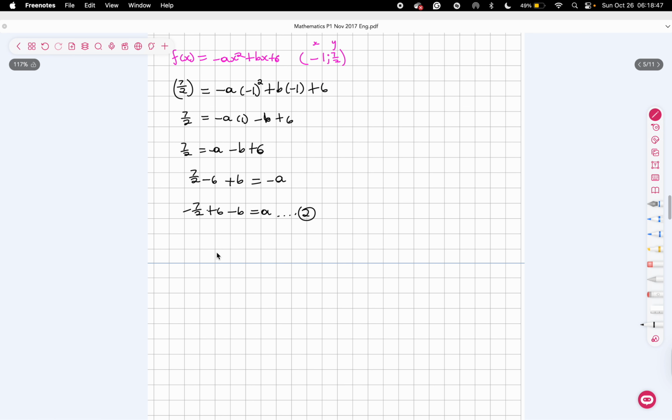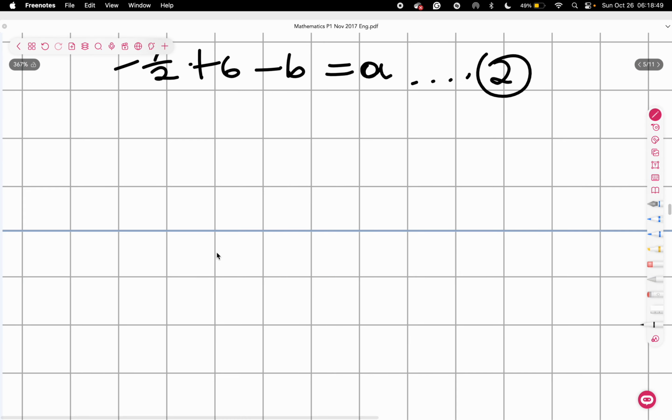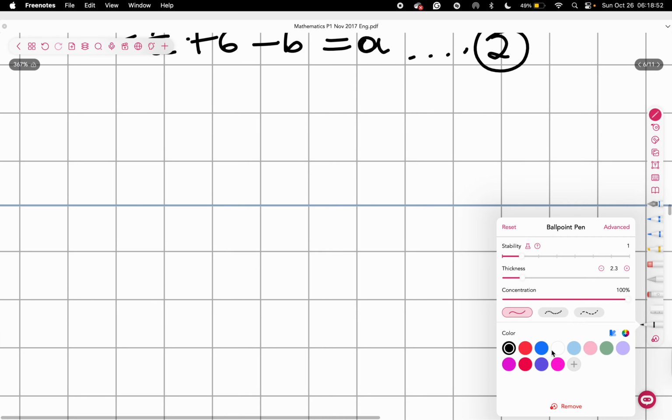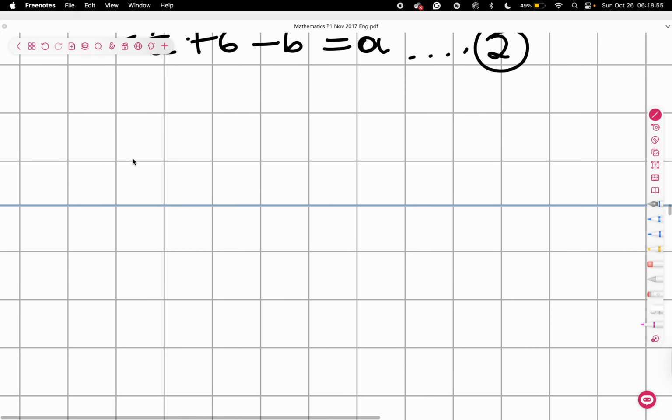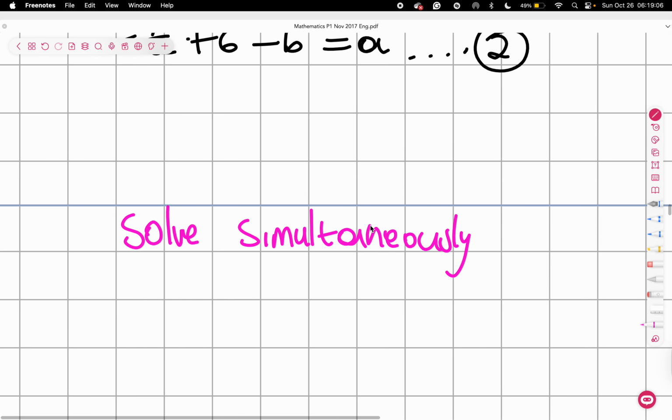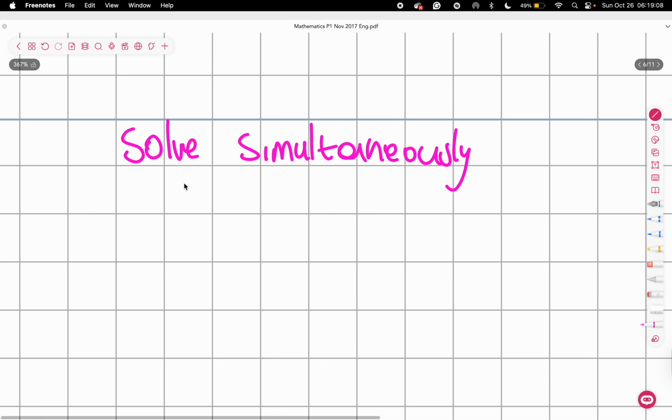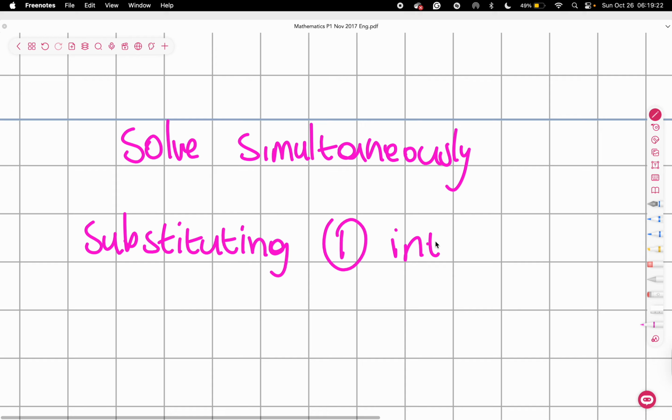Okay, so continuing, now we can solve simultaneously. It means that you substitute equation 1 into equation 2. So substituting 1 into 2.